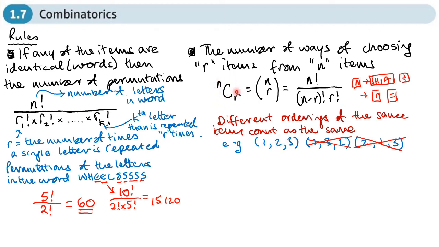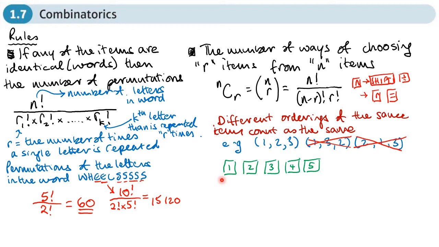Now, you would have come across NCR with binomial, when you work out the binomial distribution, and you're working out the number of ways of picking R items from N. So here's my example.